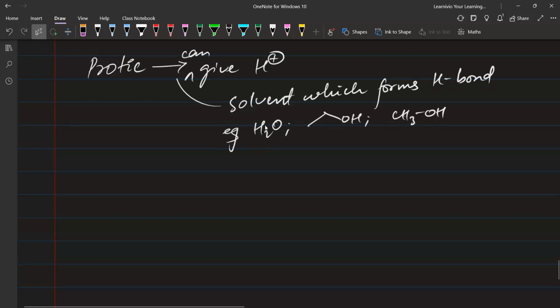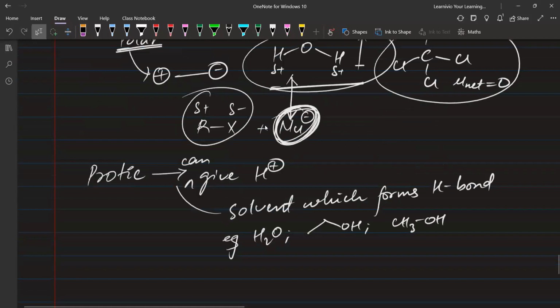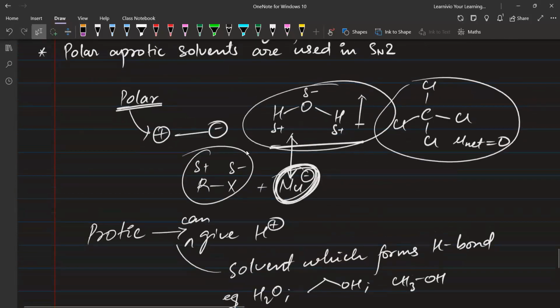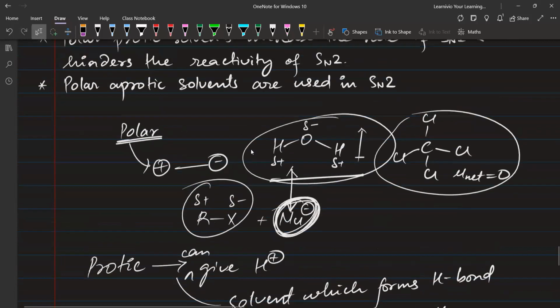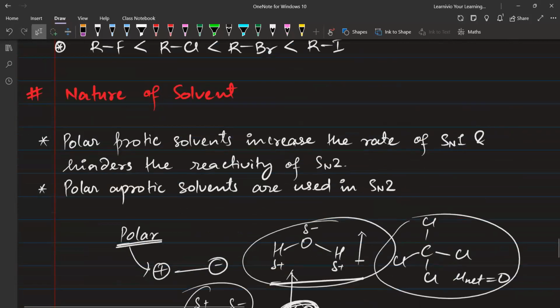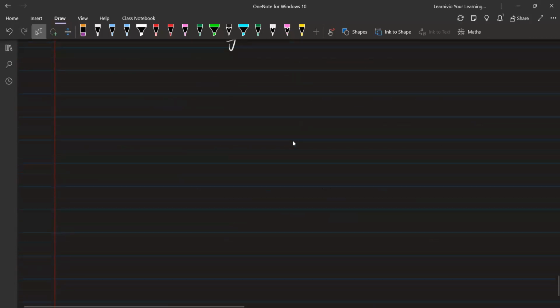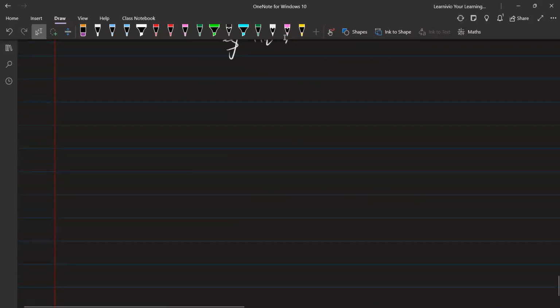So what do the polar solvents do to make the reactivity of SN1 faster, and how do they increase the reactivity of SN1? इसको हम लोग समझते हैं, ठीक है, ध्यान सुनिएगा जरा. In SN1 the rate depends on the stability of what?